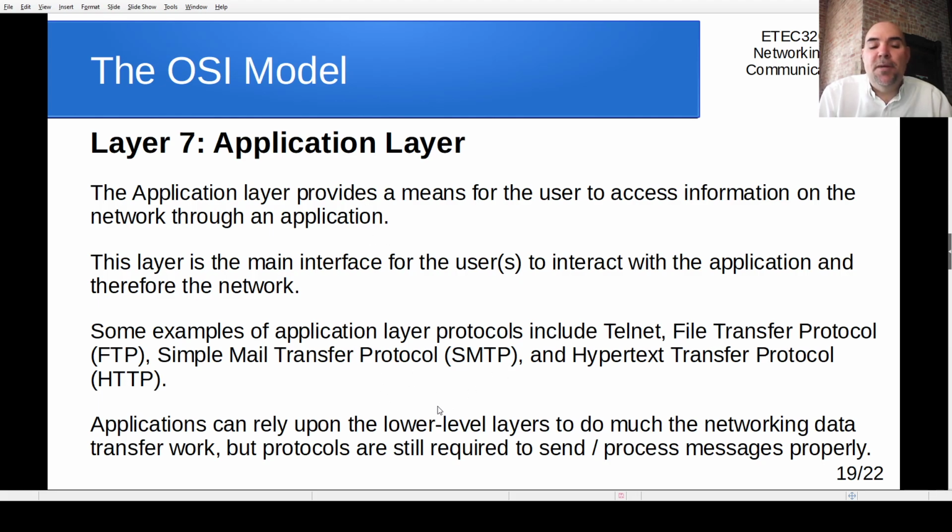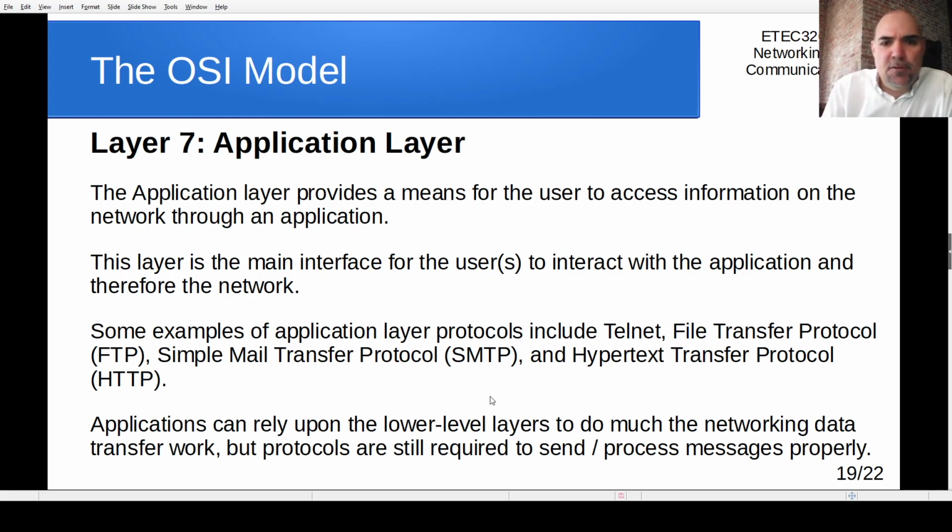So at the application layer, we talked about a web browser, web server application. That would be something like HTTP or HTTPS. That's a protocol that sits up in that application layer area, or email with SMTP or POP servers, or file transfer, FTP. There are a whole bunch of different things. Or it might be a game server where we create our own protocol for how to send the data.